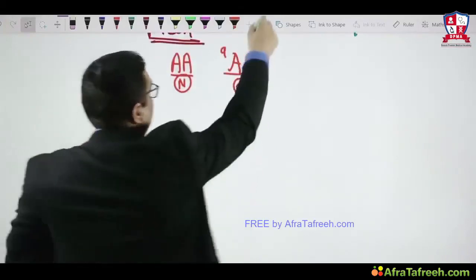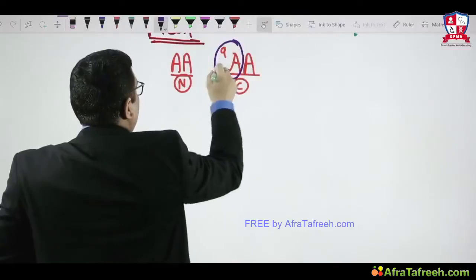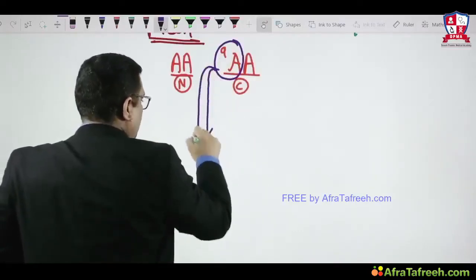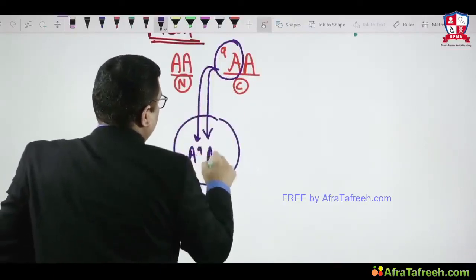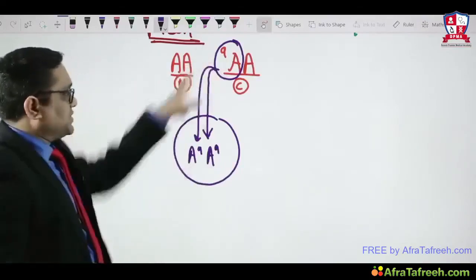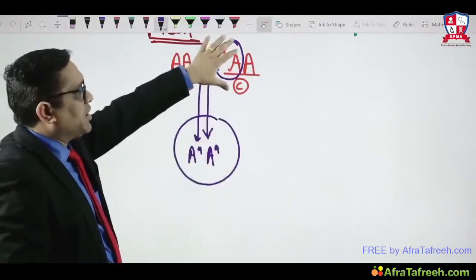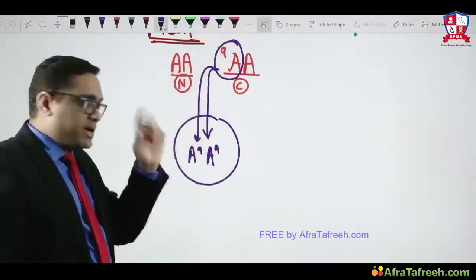Now we can see what happens. There is a special condition where that affected allele or chromosome or gene is transmitted twice in the same kid. So you can see the same gene has been transmitted twice, right? The same parent is transmitting the affected gene twice. This is called uniparental disomy.